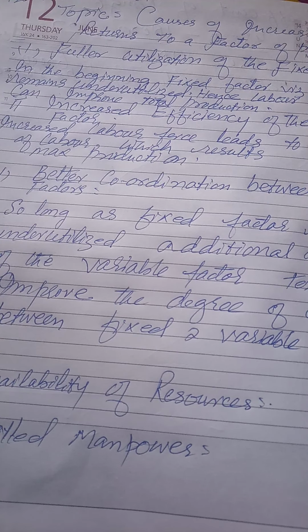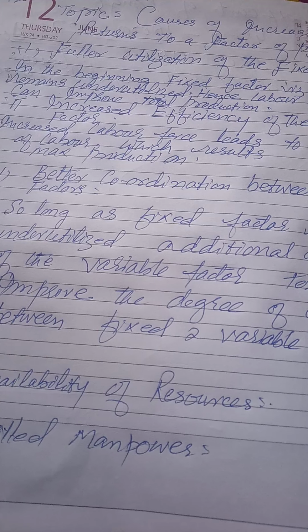Okay, then better coordination between the factors. So long as fixed factors remain underutilized, additional application of variable factors will lead to a greater degree of coordination between the fixed factor and the variable factor. Fixed factor, as we know, is capital, that's machinery. Variable factor, as we know, is labor force.